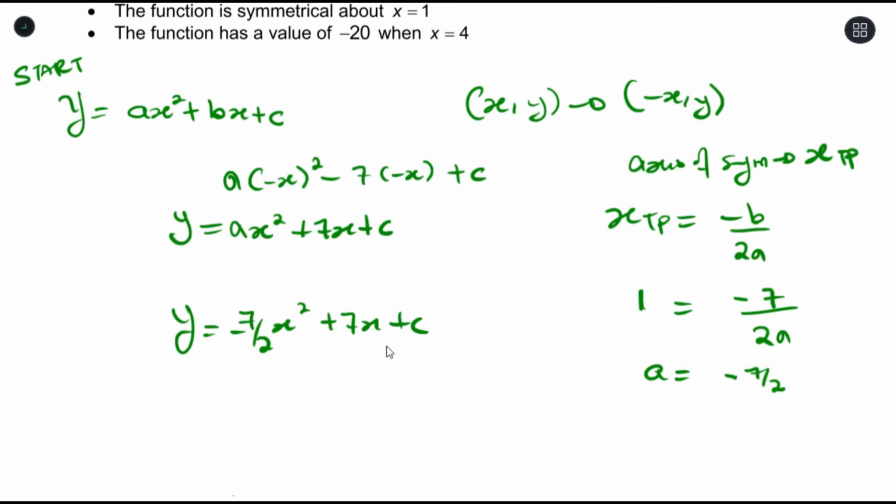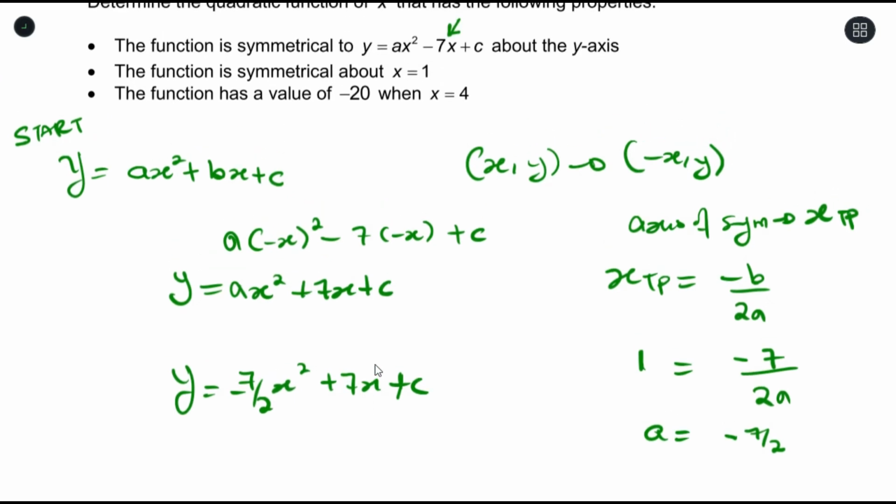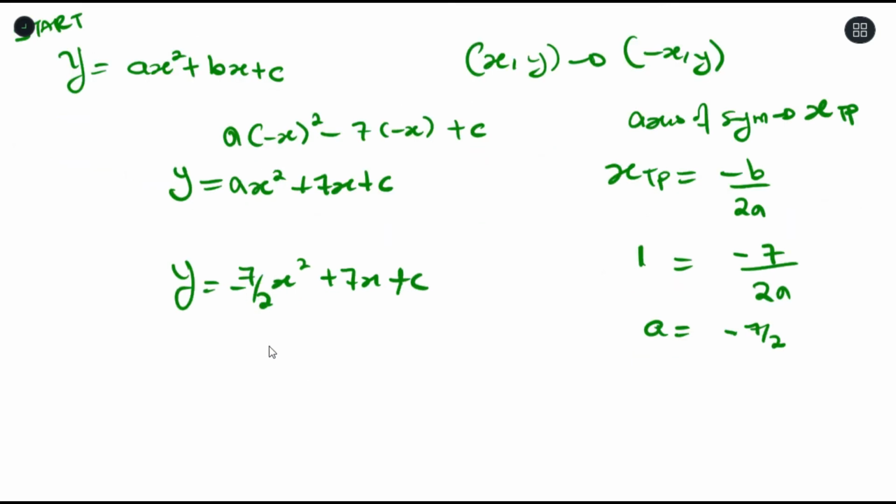Okay, we're almost there. Now we see we have a, we have b, we're left with c. Now c, that's where the last property is going to come into play. Now the property says the function has a value of negative 20 now when x is equals to 4. So what this means is that the coordinate is 4 and negative 20.